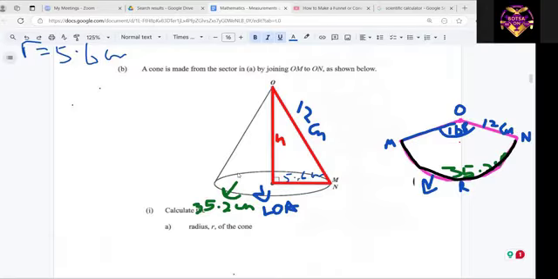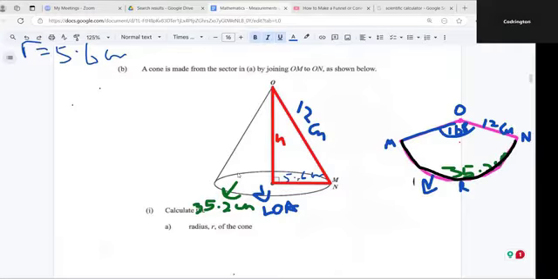I mean, you could do that, sir. But if you're using cosine, you will have to use it to find an angle, and then use that angle as theta and then use it again for another ratio, sine or cosine, to find each. Yeah, much work.